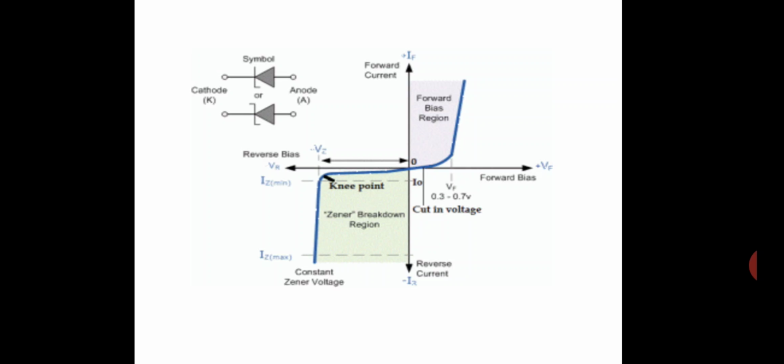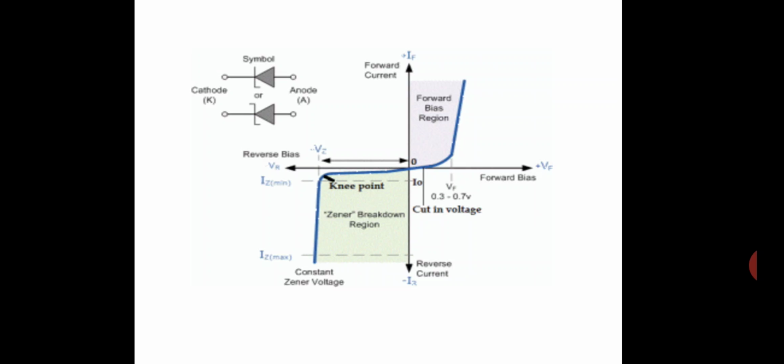Current IZ max is the maximum current at the rated Zener voltage VZ, from 200 microampere to 200 ampere. IZ min, the minimum current required for the diode to break down, is 5 milliampere to 10 milliampere.